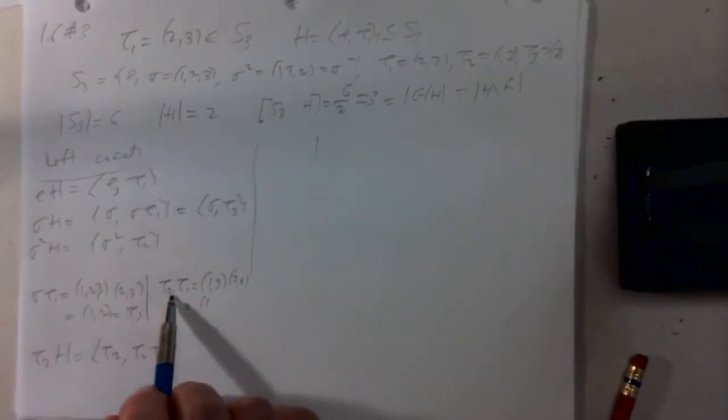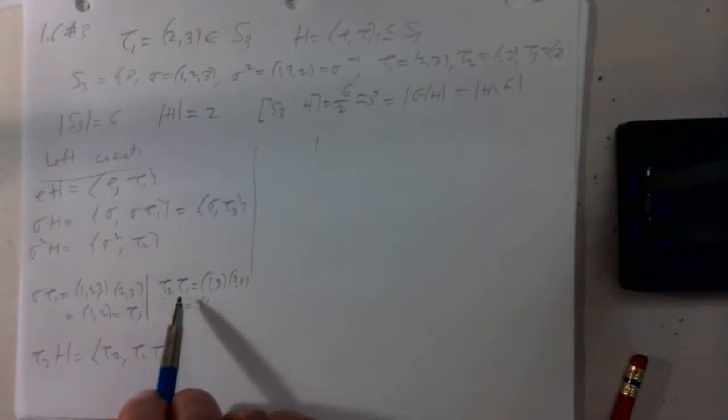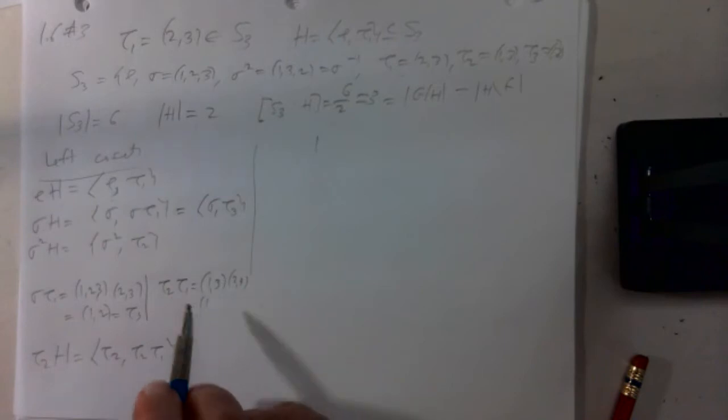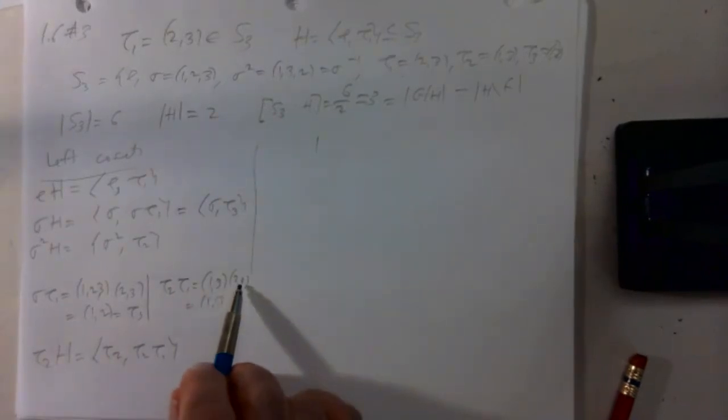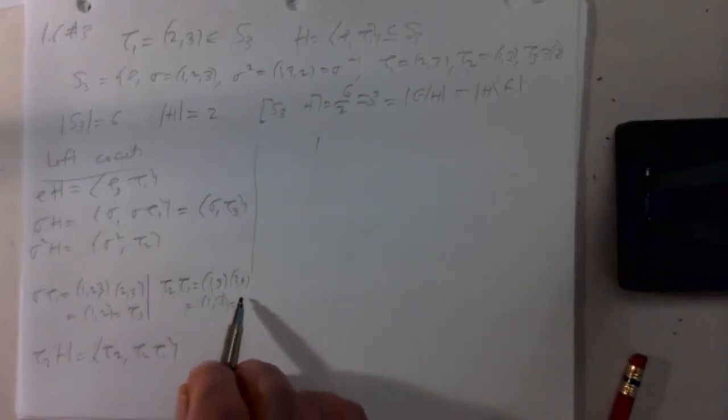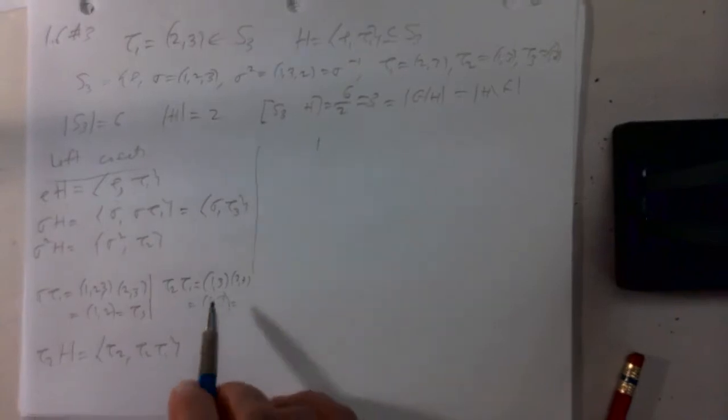Tau 2 is (1 3), tau 1 is (2 3). So this sends 1 to 3, 3 to 1, and 2 to itself. So tau 2 tau 1 is, oh, this can't be right.